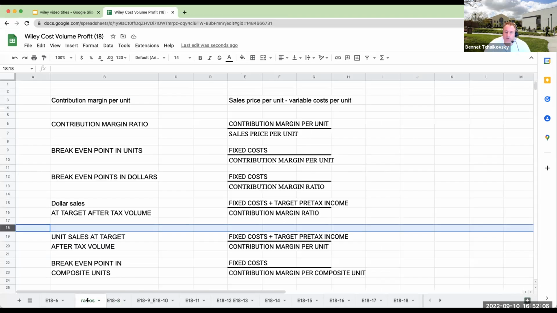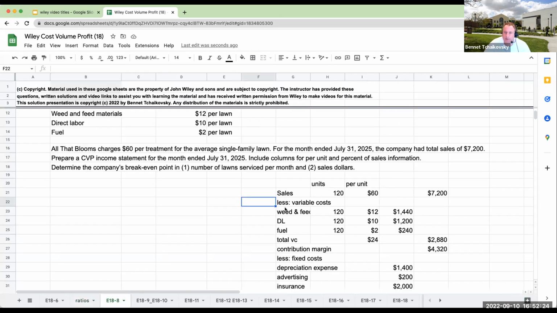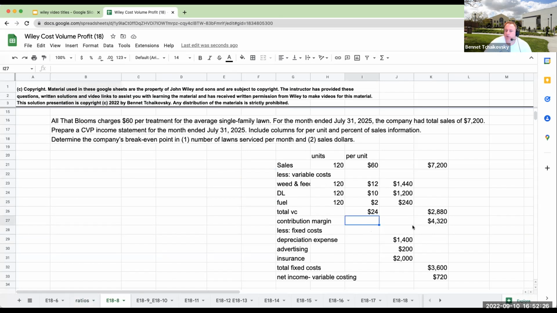So for this, we're going to go to our ratios. So over here, the break-even point in our units is our fixed costs divided by our contribution margin per unit. What is the contribution margin per unit? It is the sales price per unit minus the variable cost per unit. So over here, my contribution margin on a per unit basis is going to be my sales per unit minus my total variable cost per unit, or $36, right?